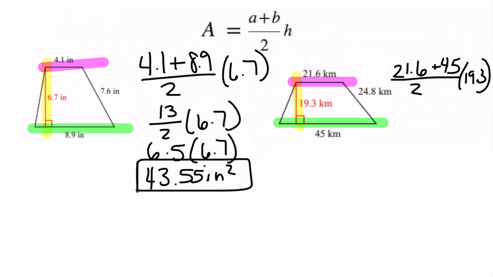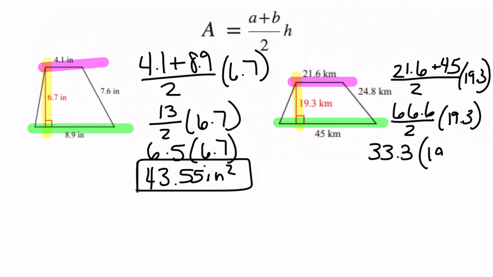If we add the top, that's going to give us 66.6 divided by 2 times 19.3. 66.6 divided by 2 will give us 33.3 times 19.3. When we multiply those together, it gives us 642.69 kilometers squared.